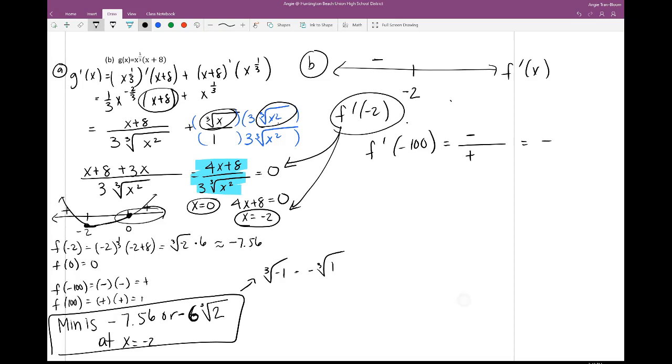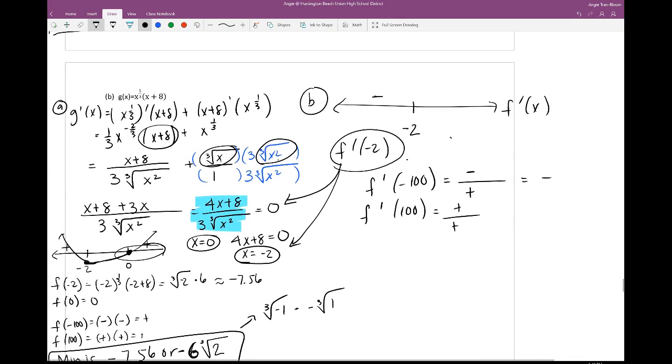And then we're going to do f prime of 100, which on the top is 4 times 100, and on the bottom, 4 times 100 is 400. I meant positive. 4 times a positive 100 is positive, and anything squared is going to be positive. That's always going to be positive. So this is positive. Okay.